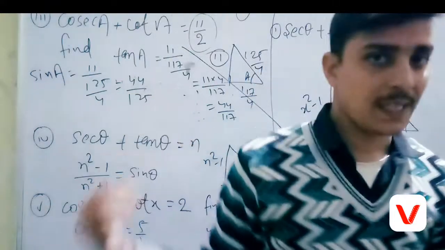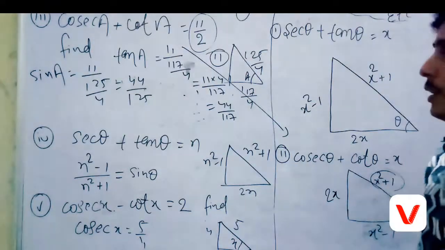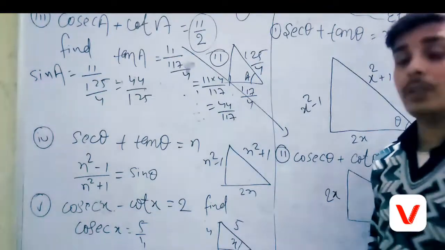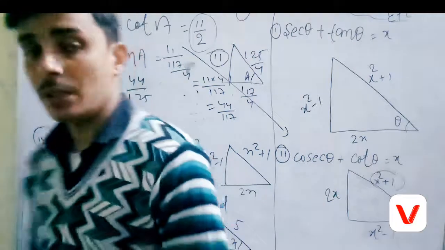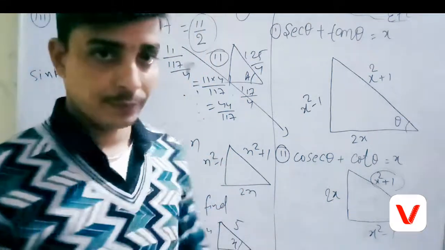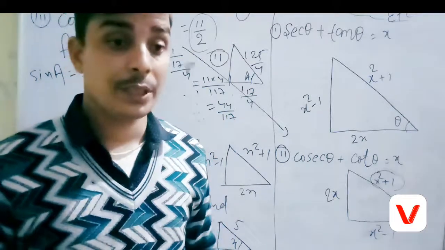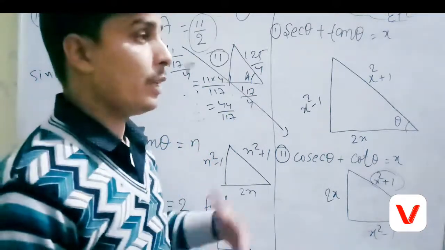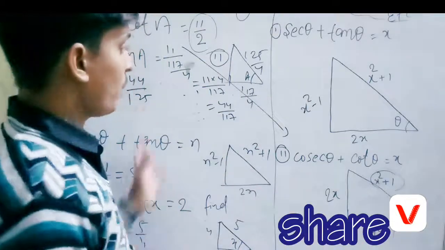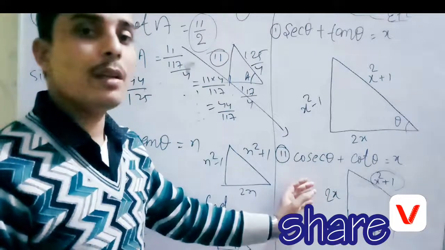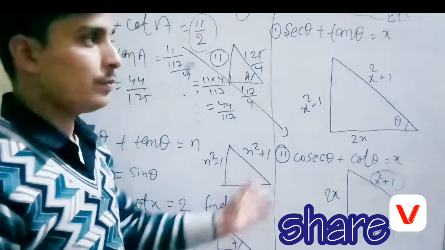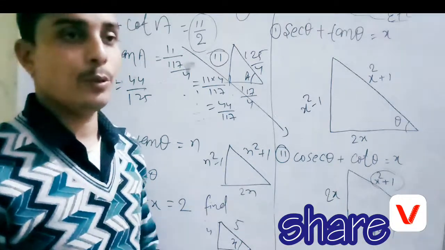These tricks help you in the NDA examination and other competitive examinations on the basis of 12th. If you have completed the 12th, or if you are pursuing the 12th, then you can solve this type of question with the help of these tricks. I hope these tricks help you a lot.